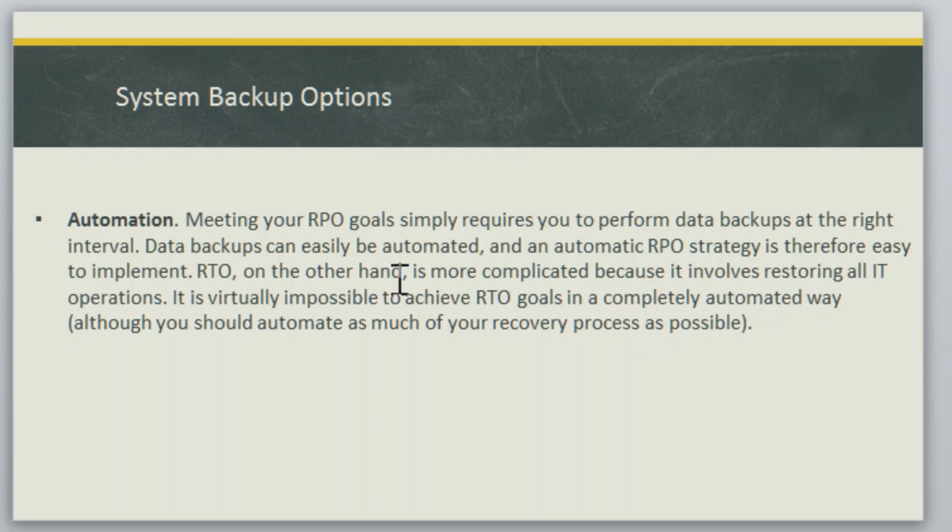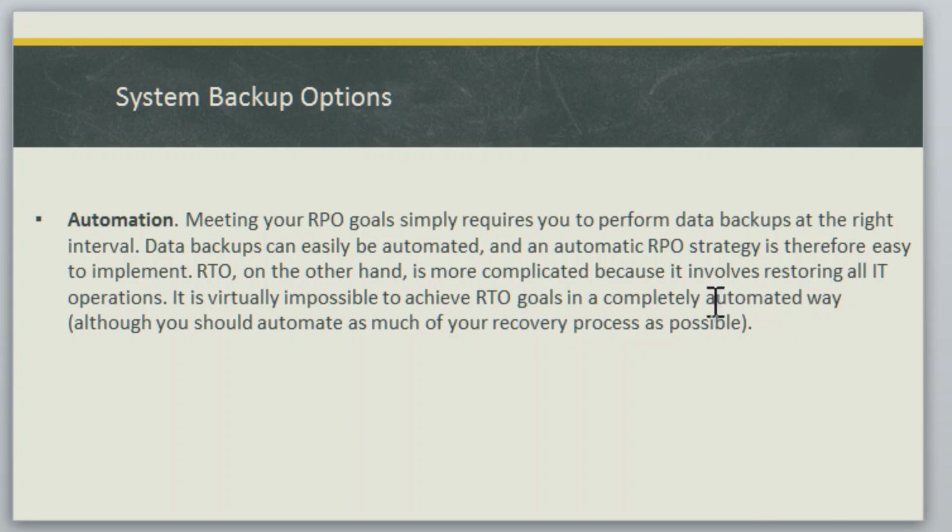So meeting your RPO goals simply requires you to perform data backups at the right interval, which we looked at earlier, weekly, daily, monthly, things like that. Data backups can easily be automated, and an automatic RPO strategy is therefore easy to implement. However, RTO, on the other hand, is more complicated because it involves restoring all IT operations. It's virtually impossible, guys, to achieve RTO goals in a completely automated way, but you should strive to automate as much as you can on these backups.